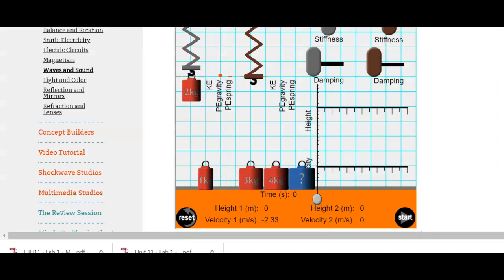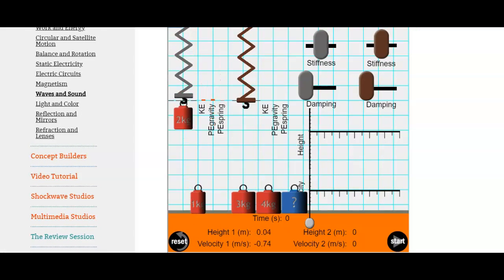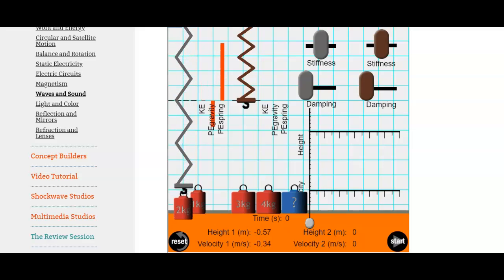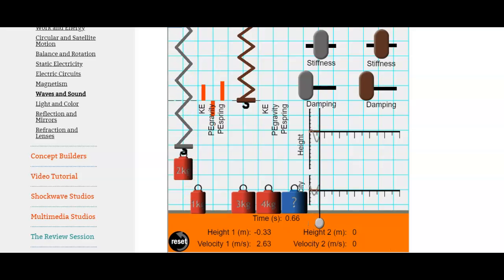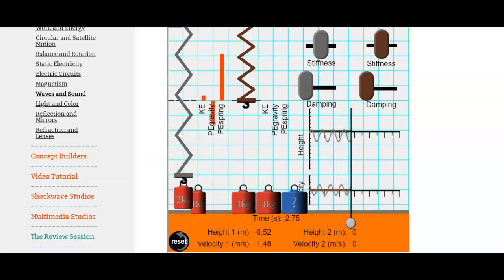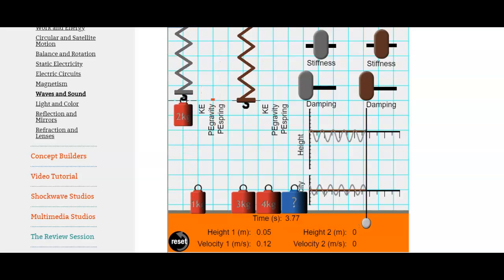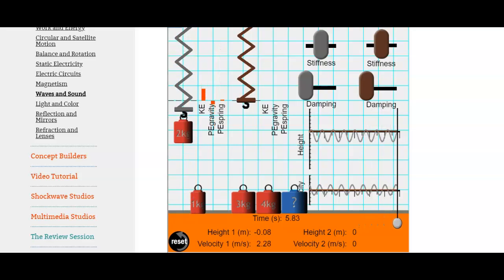If I place 2 kilograms on this guy and we watch it vibrate back and forth, 1, 2, 3, 4, we get a feel for what the frequency is there. Let's start this measuring. 1, 2, and you can see it going up and down as the bar moves across. So let's let this go for a while and just collect some data. It'll stop here at 6 seconds and then we'll chat about it.